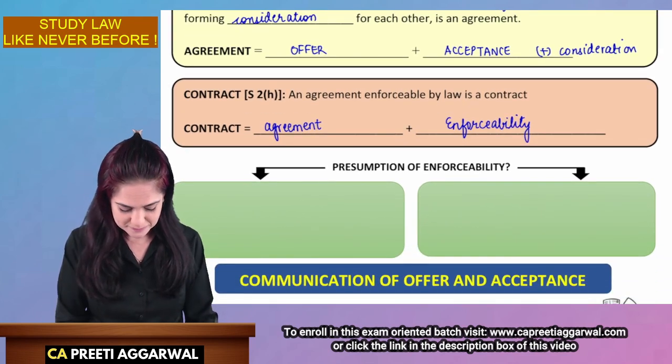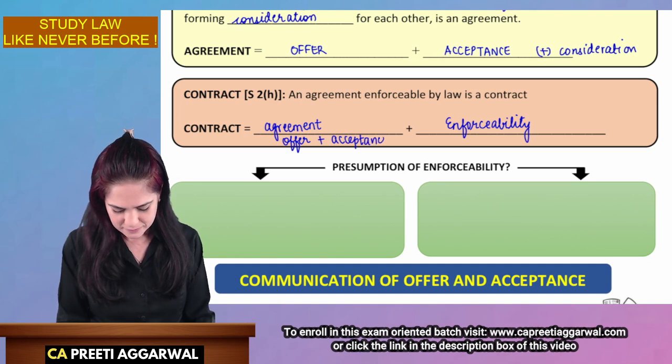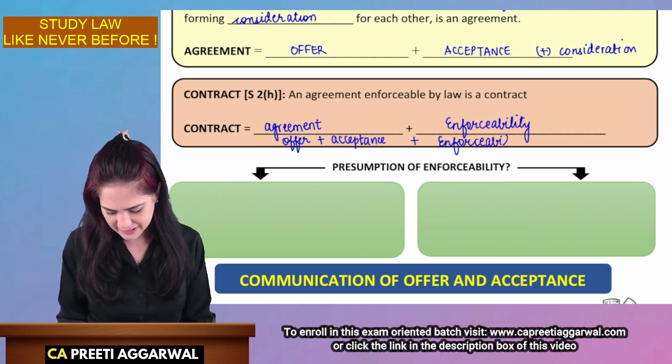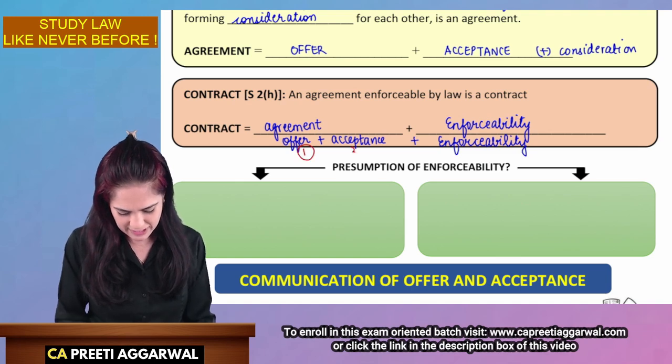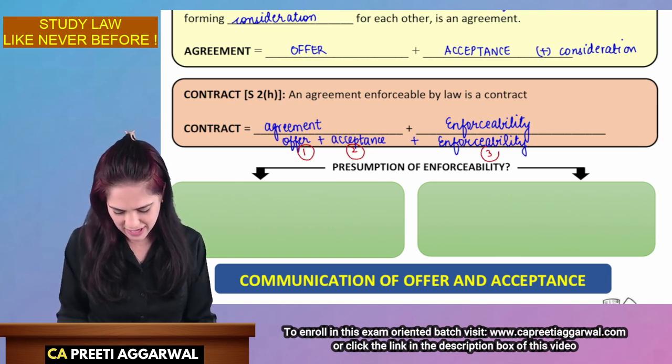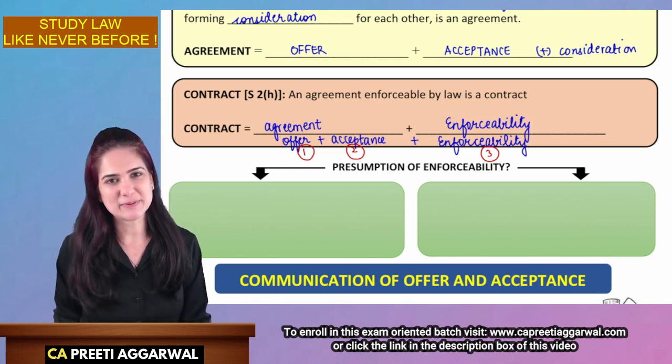What is agreement? Offer plus acceptance. Can I say that in order to make a valid contract, I need 3 elements: offer, acceptance, and enforceability. Offer, acceptance, and enforceability.